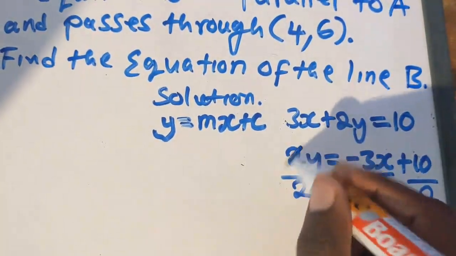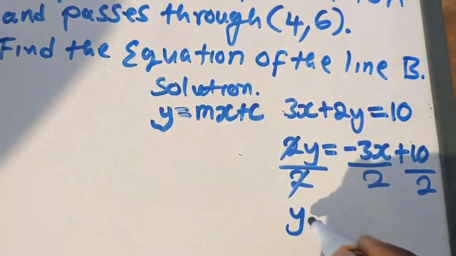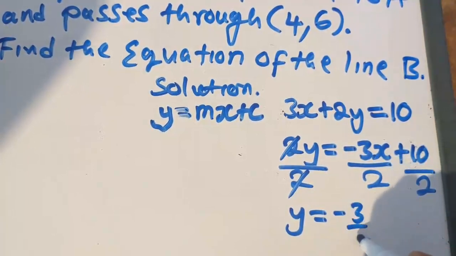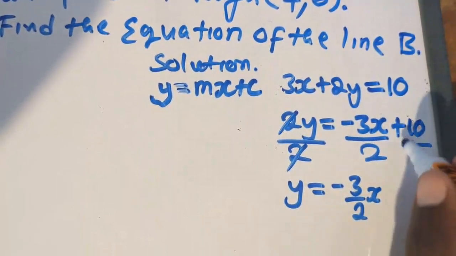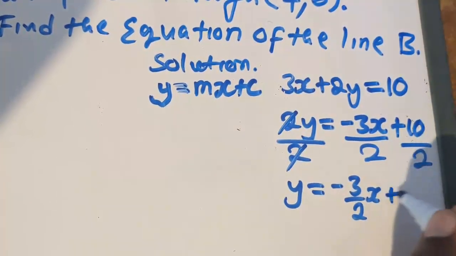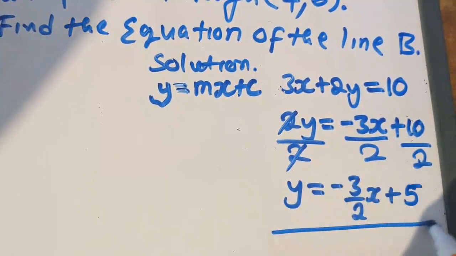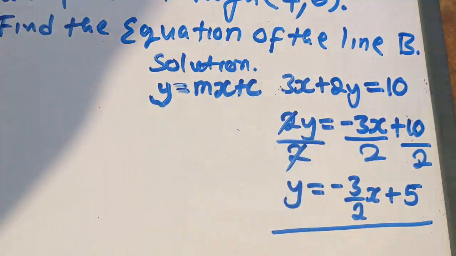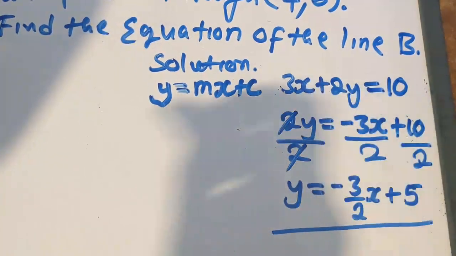This will go and that will go, meaning we have y is equal to negative 3 over 2 x, plus 10 divided by 2, which is 5. This is how the equation is supposed to be in standard form. Now when you arrange this equation, you need to find which one is the gradient.